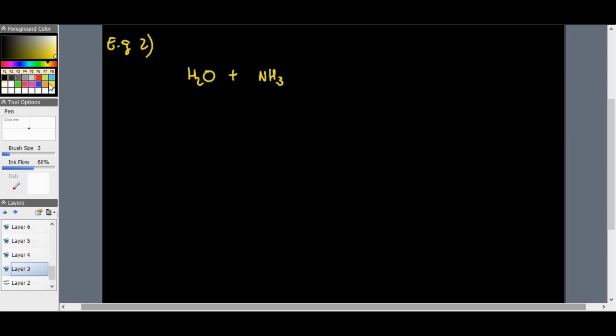NH3 we know is a base, it's ammonia, so that's base 2. Water in this case is going to be our acid 1. Again, water has a certain term because it can act as an acid or base. That forms NH4 plus and OH minus, which is just hydroxide.